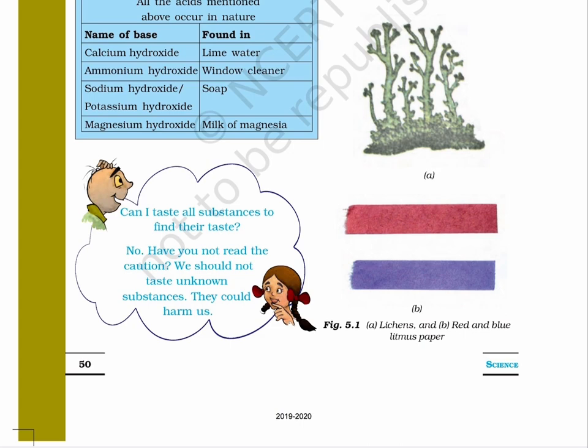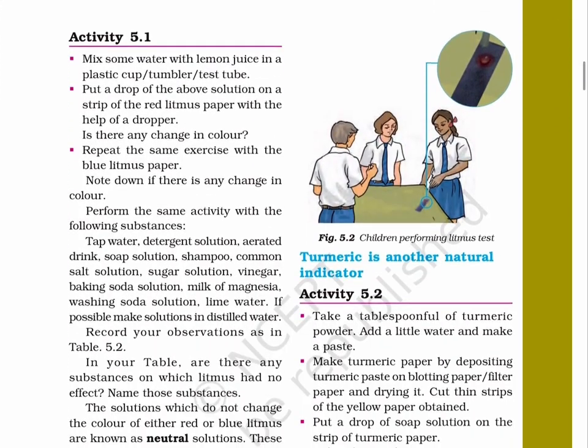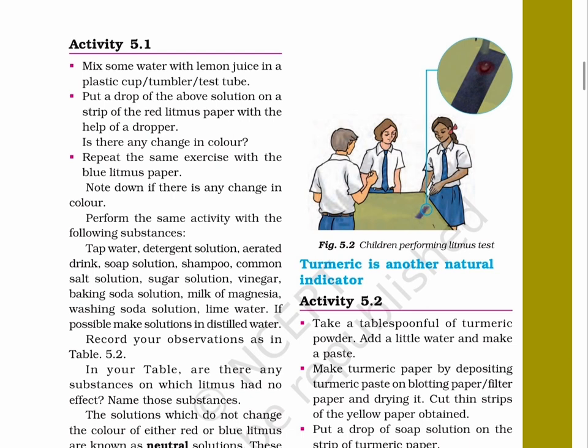Figure 5.1a. Lichens. These are green-colored plants. B. Red and blue litmus paper. Page 51. Activity 5.1.